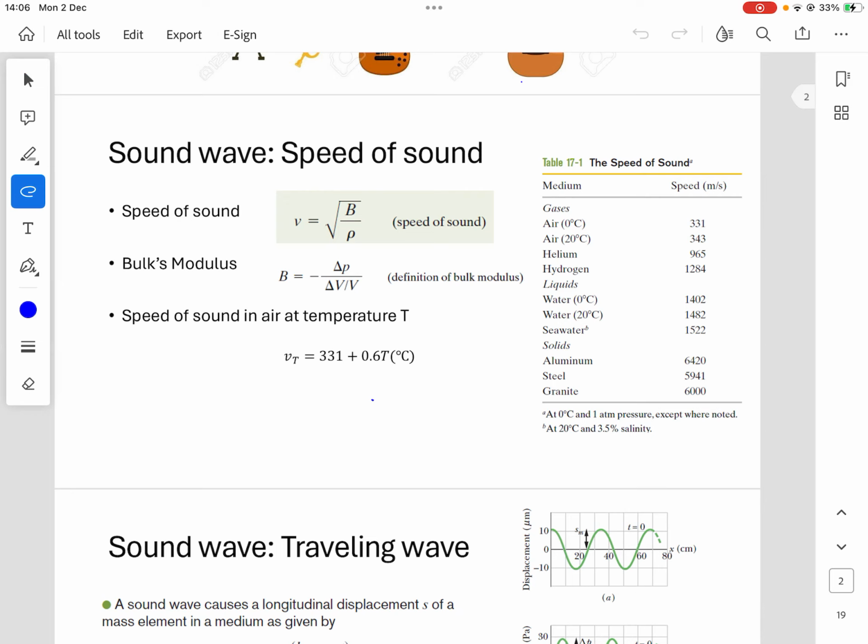So let's talk about the bulk modulus. Bulk modulus can be expressed as this equation. When you have an object of volume V, and for example, you apply force in all the directions to this object, like you put this in water deep down to the bottom of a container.